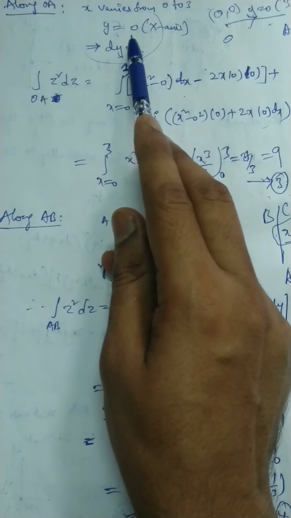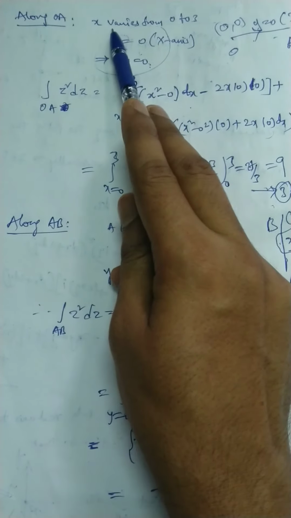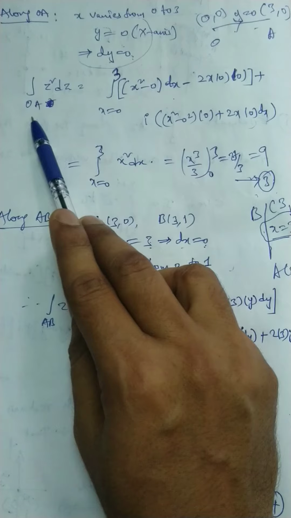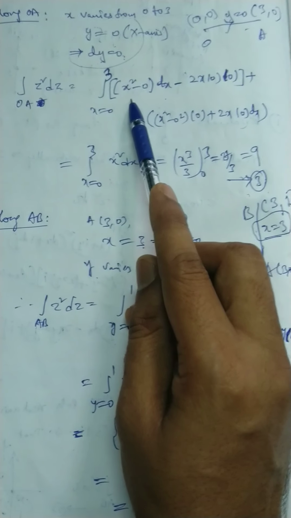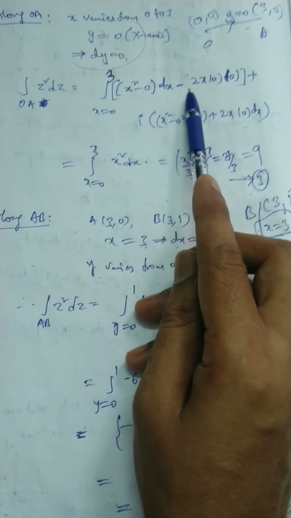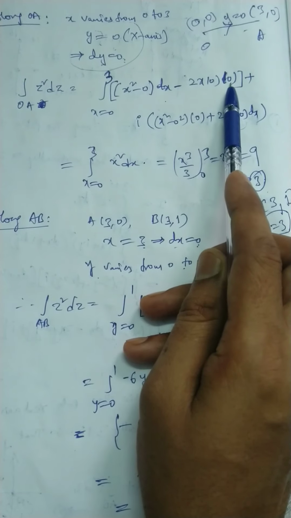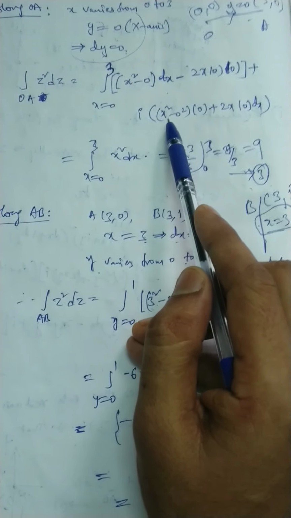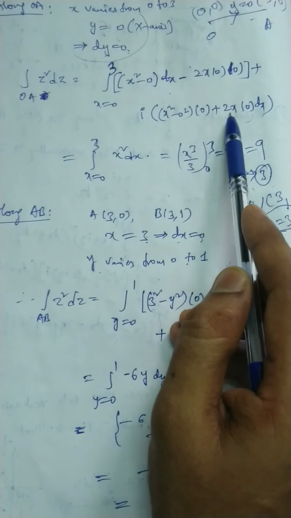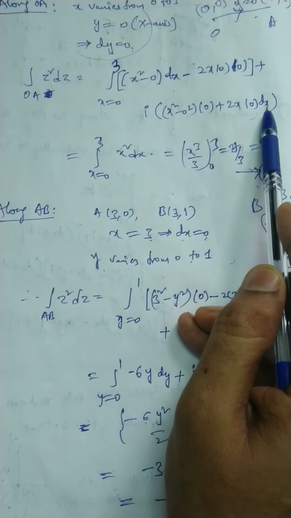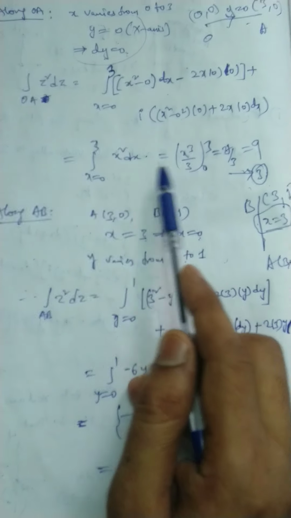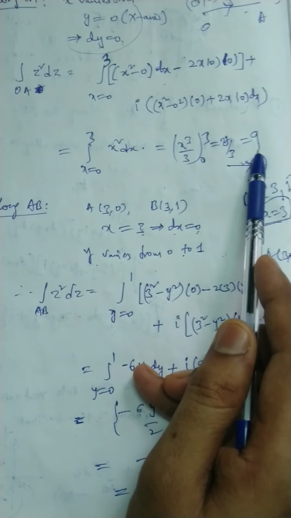So using y equal to 0, dy equal to 0, along with x limits 0 to 3, we have the integral along the path O to A given by this expression: x square minus y square, y is 0, dx, minus 2xy, that is 0, dy is also 0, plus i times x square minus y square, which is 0, into dy that is 0, plus 2xy, y value 0, dx. So using this we get integral of 0 to 3 x square dx. Evaluating the integral, the value comes out to be 9.